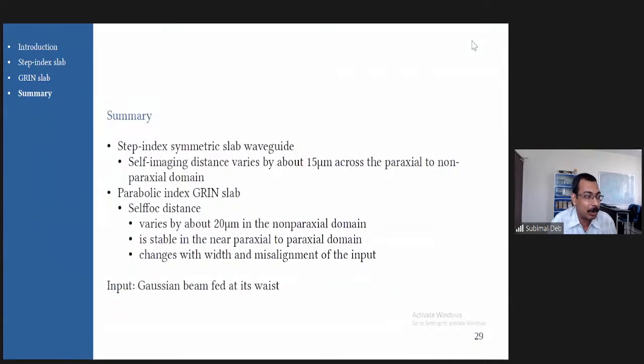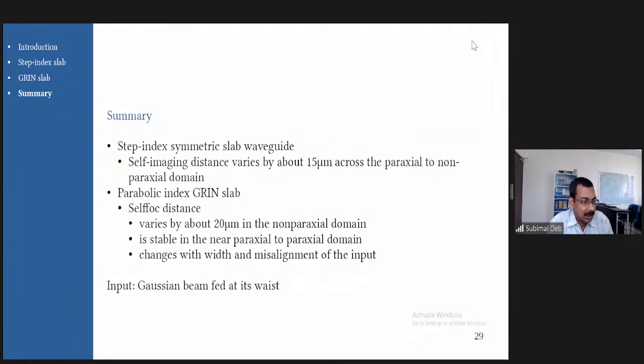So I have just presented two small works that we have done. One for the step index symmetric slab waveguide, and the other for a parabolic index graded index slab. For the step index waveguide, we have looked at the self-imaging distance, and we have found that it varies by about 15 microns if you change the width of the input from the paraxial to the non-paraxial domain.